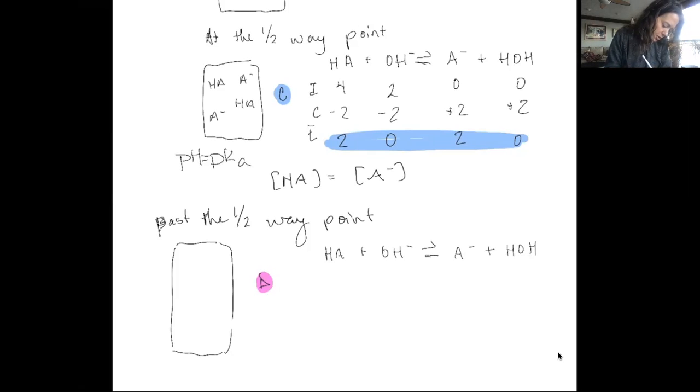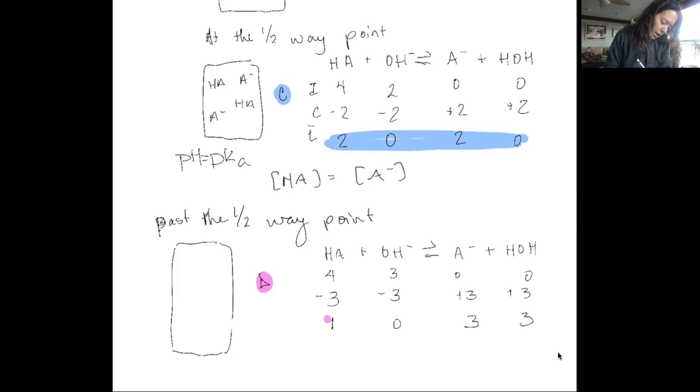Now we're past the halfway. So minus 3, minus 3, plus 3, plus 3: 1, 0, 3, 3.